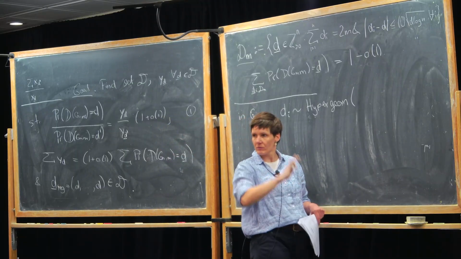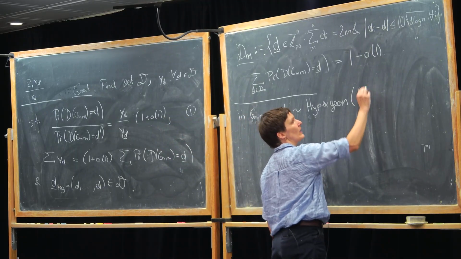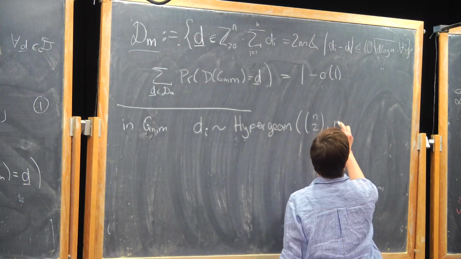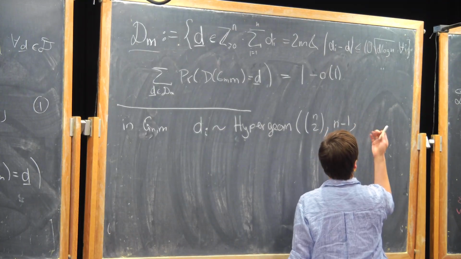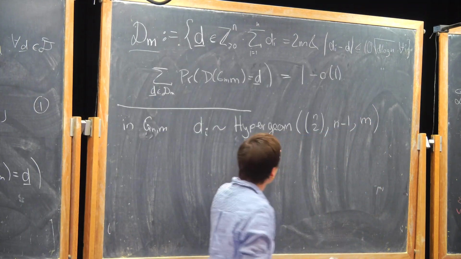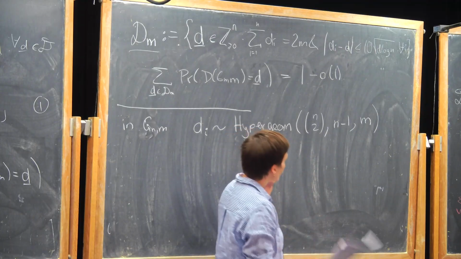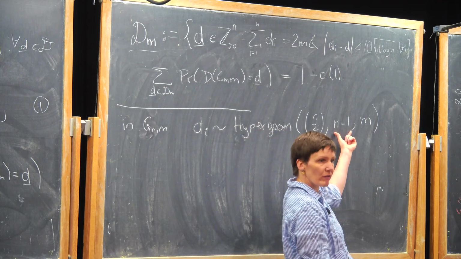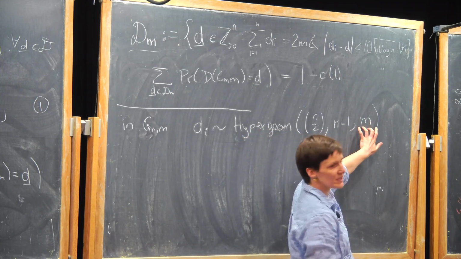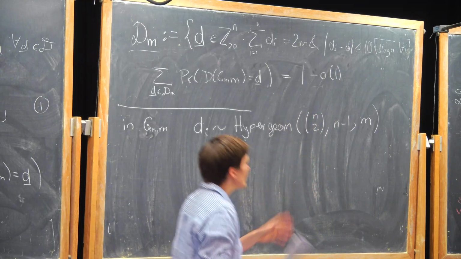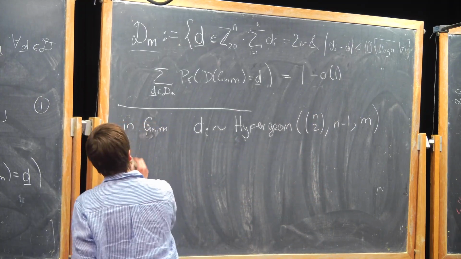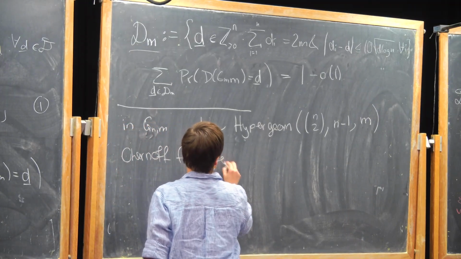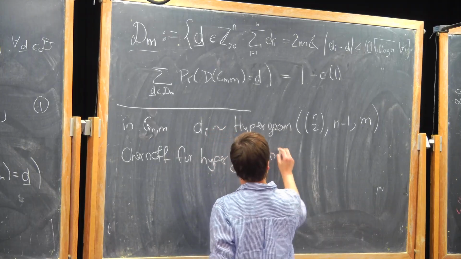My whole universe where I throw in edges has size n choose 2. My horizon, what I see from a vertex, has size n minus 1. And the total number of successes is m. So the hypergeometric distribution tells you the probability that I see exactly k successes in my horizon when there are m successes in the whole world. Okay, so that's a hypergeometric. And what we need is a Chernoff bound for hypergeometric.